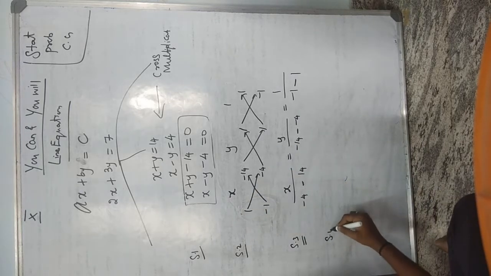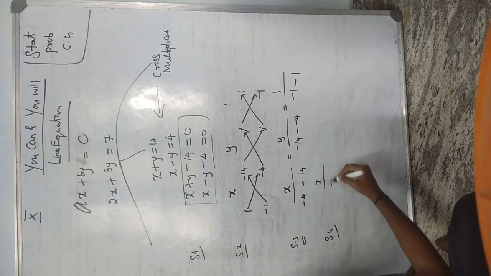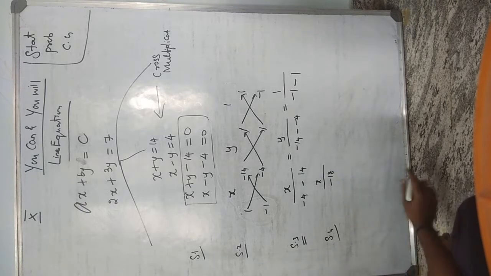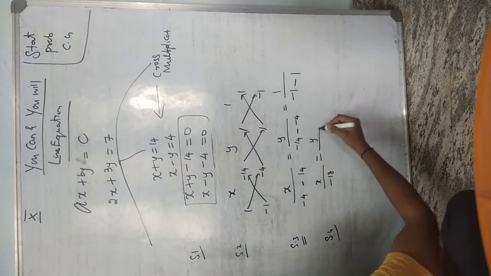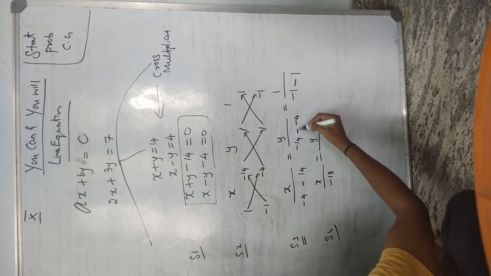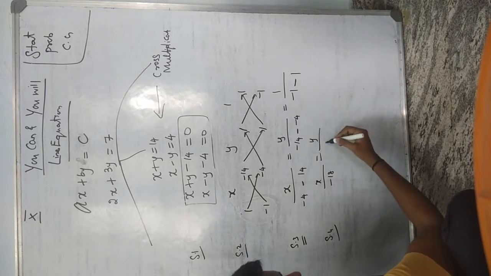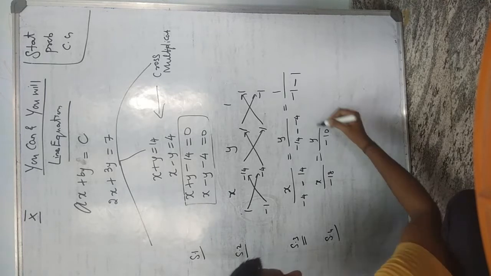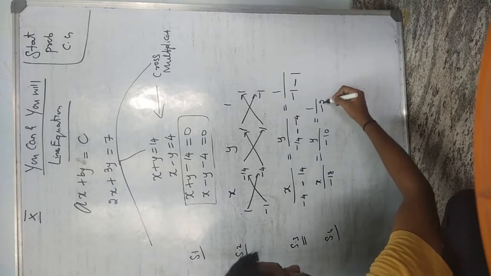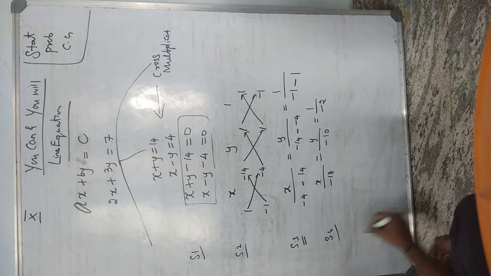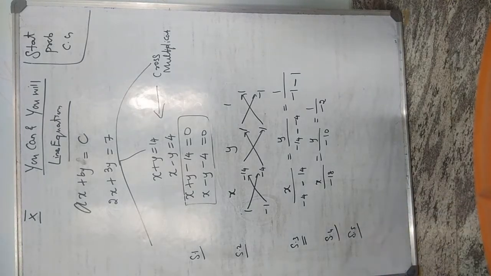Therefore, step number 4. x upon -18, y upon, this will become +4, +4. This will become -10. And this, 1 upon -2. Step number 5.